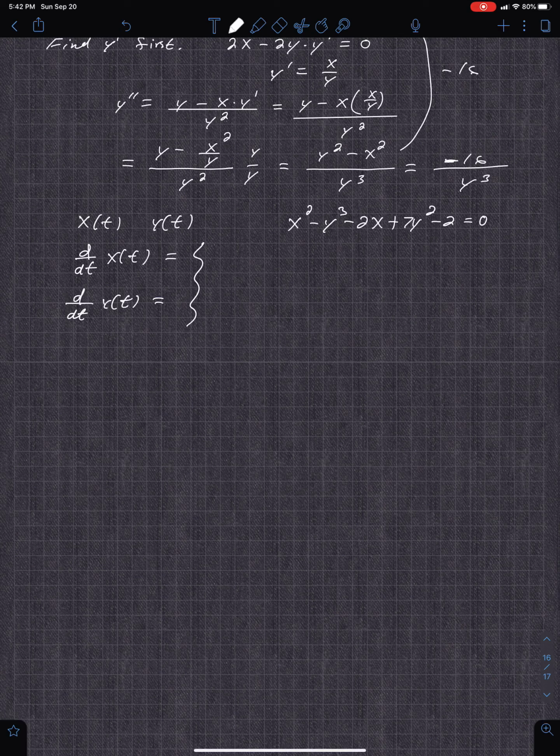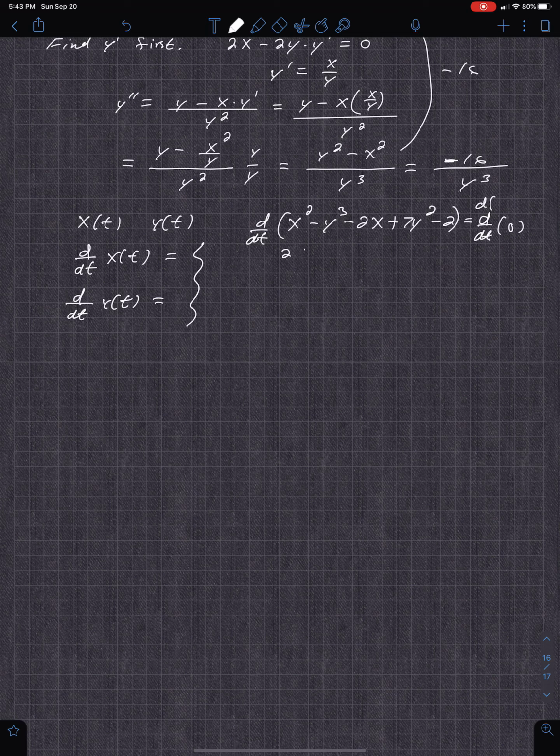When you treat x and y as functions of t, then when you do d/dt of the whole thing, and this is d/dt as well, d/dt of 0 is 0.